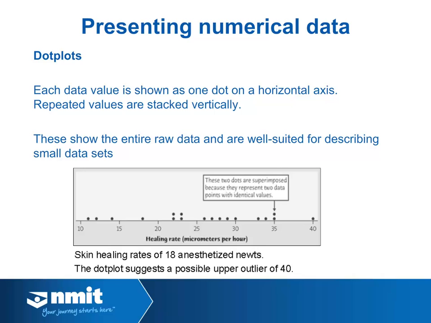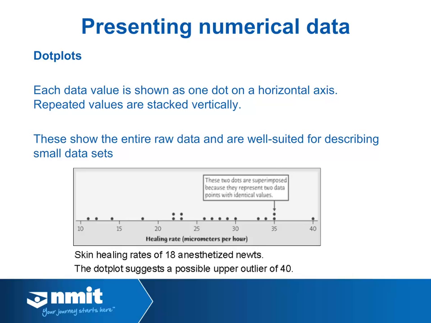And all we simply do is, well, really it's a variant on the bar graph we saw before. It's also a variant on histograms. We present the full range of possible values on the x-axis for a particular variable. Here we have, quite obscurely, the healing rates of anaesthetized newts, measured in micrometers per hour.